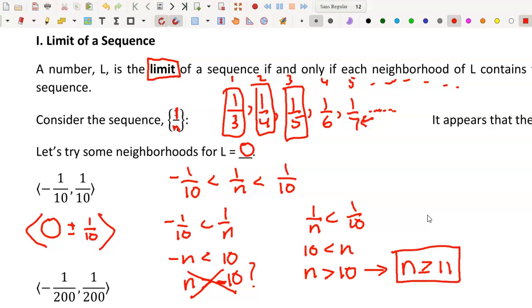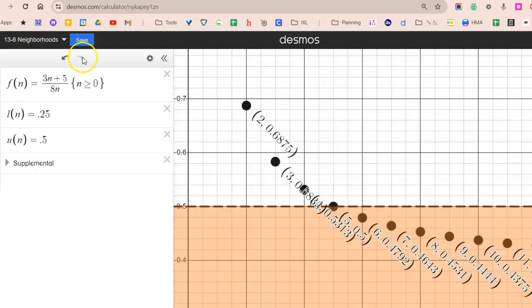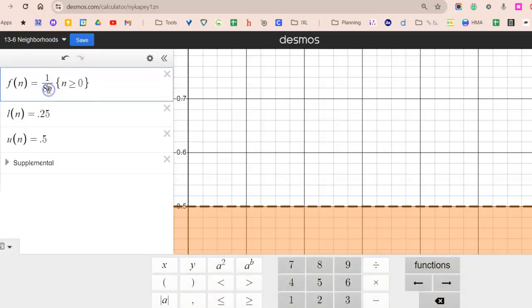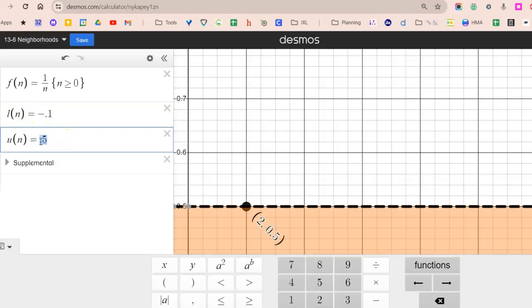But notice we get a certain number here, 11. If I throw that into my Desmos, 1 over n, and it was negative 1/10, or negative 0.1, and positive 0.1, you can verify.